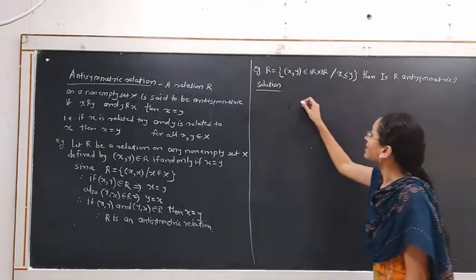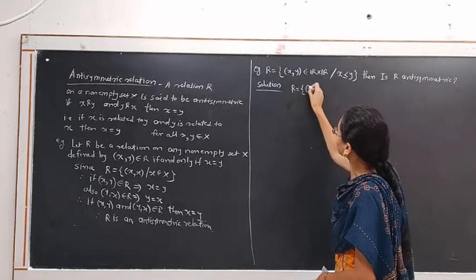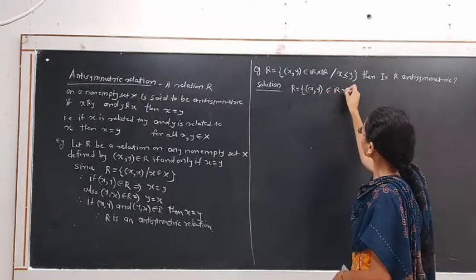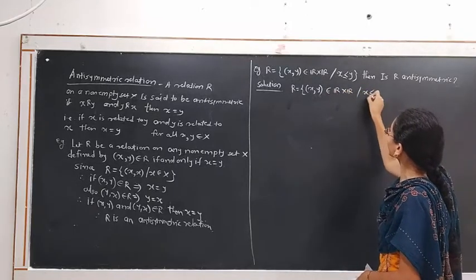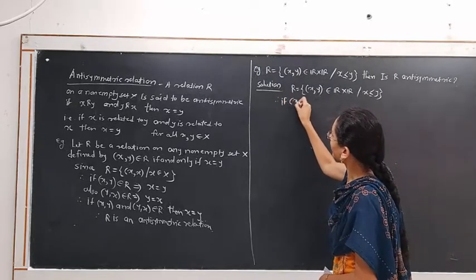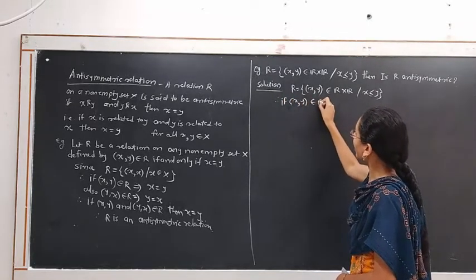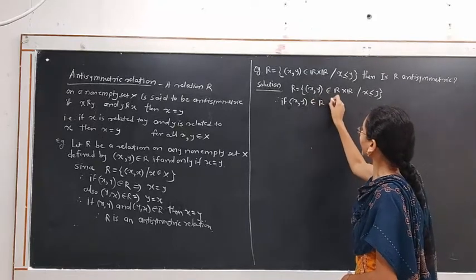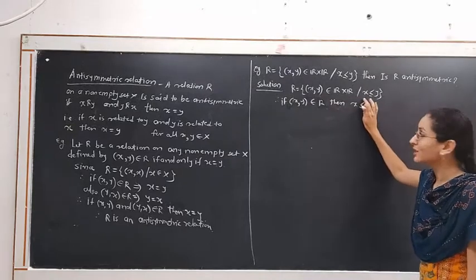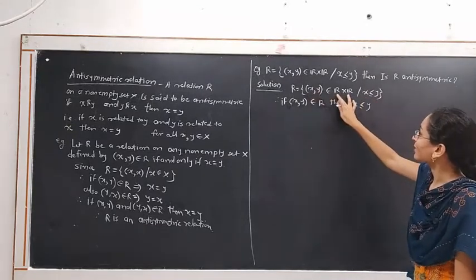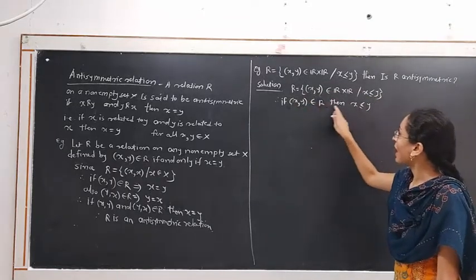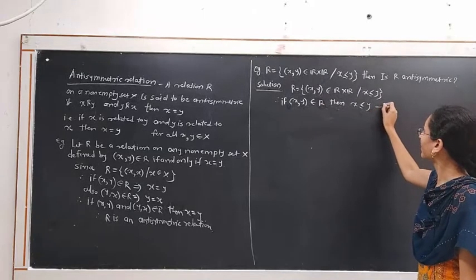Since R is defined by the set of all ordered pairs (x, y) belonging to R cross R, where x is less than or equal to y, therefore if the ordered pair (x, y) belongs to R, then we have x less than or equal to y, because R is defined by this condition.